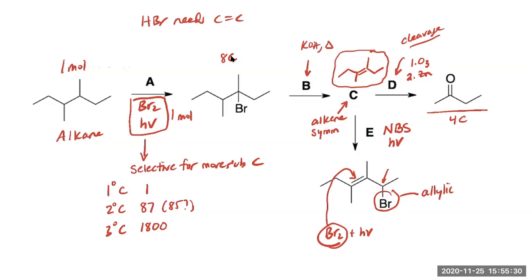Would it function as if it was a radical mechanism? Br2 in light, I don't know that you would ever get it to form a radical. The reaction with the pi bond is so fast that I think the pi bond would react with the Br2 before the Br2 could form a radical.